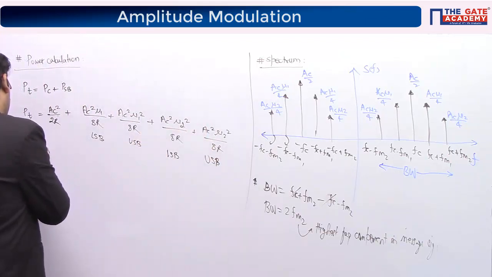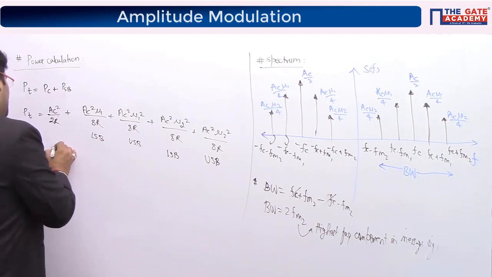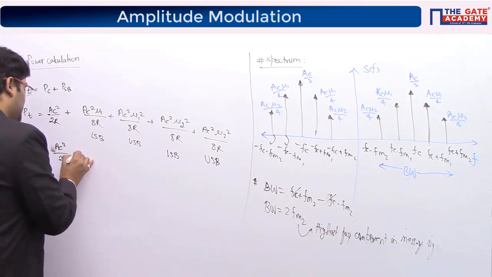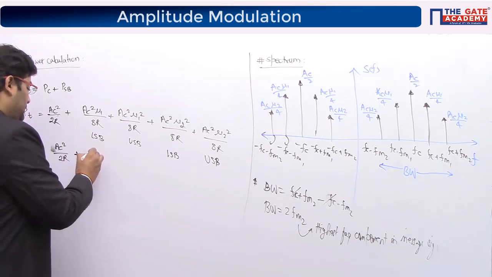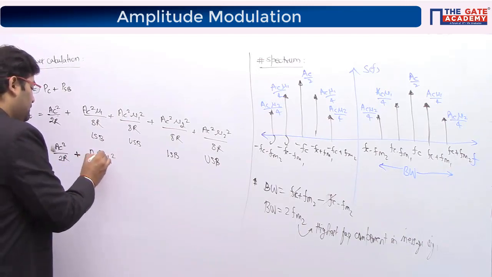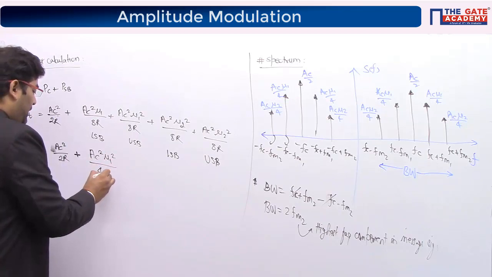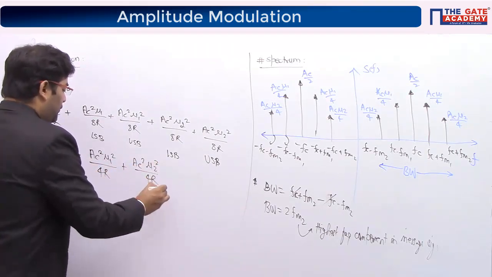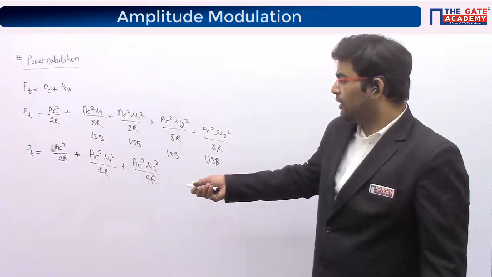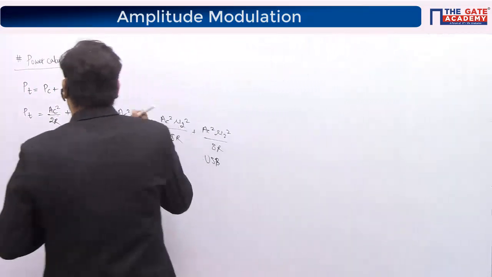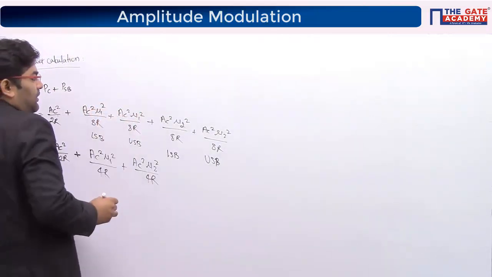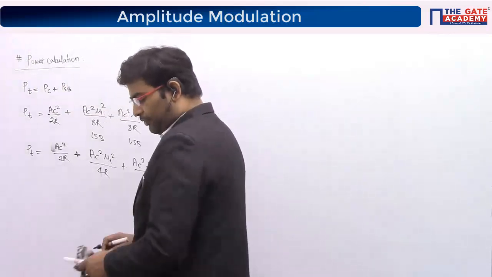So it will be Ac square by 2R plus Ac square mu1 square by 4R and again Ac square mu2 square by 4R. It is mu square only, right? Ac square mu1 square. Okay, I found it. Sorry. Yeah, I saw. Thank you. That's a typo from my side.